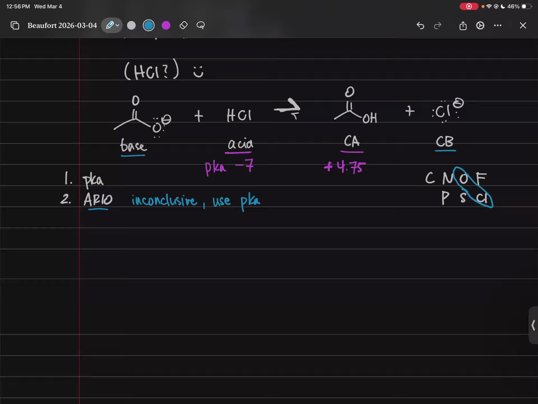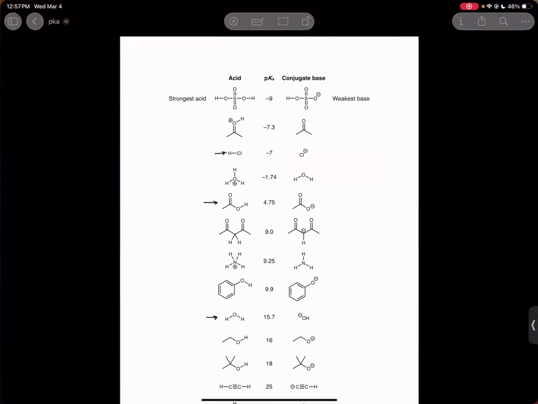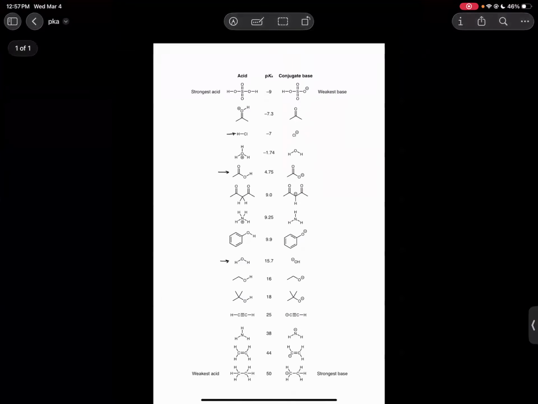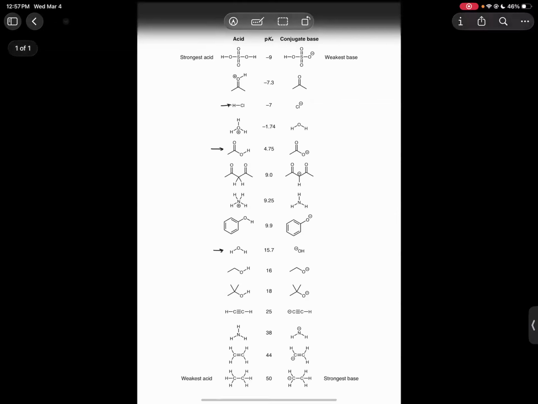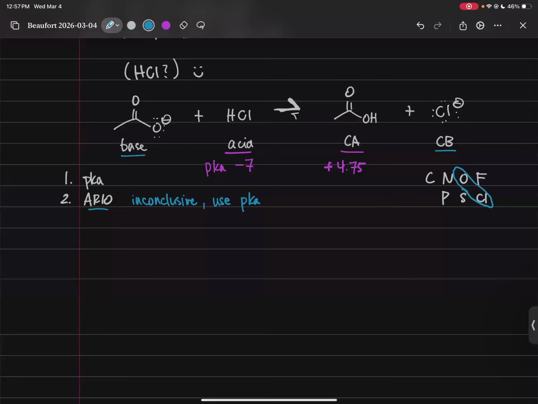So this is another reason why I say to use the pKa table first, because as long as you've got molecules that are somewhat similar to the things in the pKa table, which will be a lot of things, you don't have to worry about that potential issue with the ARIO method.